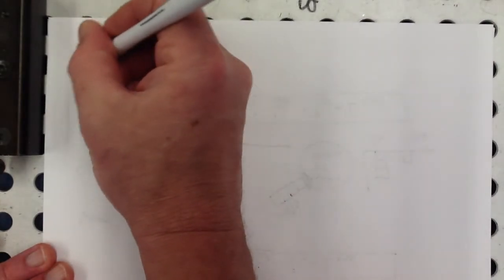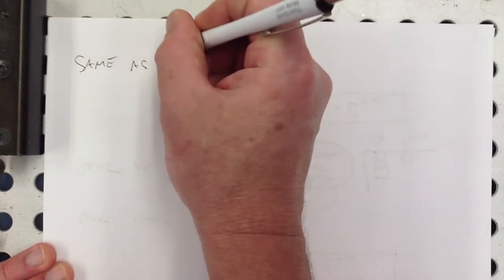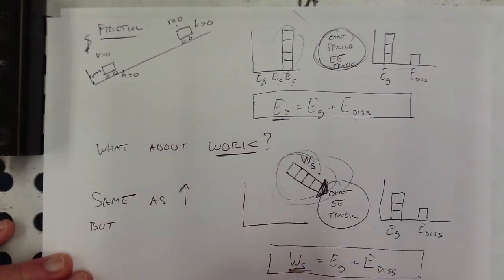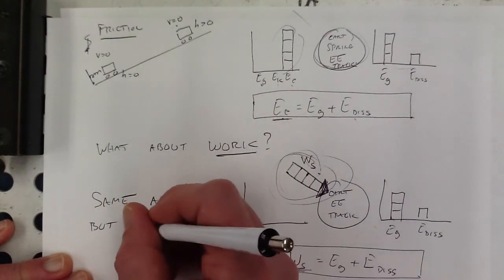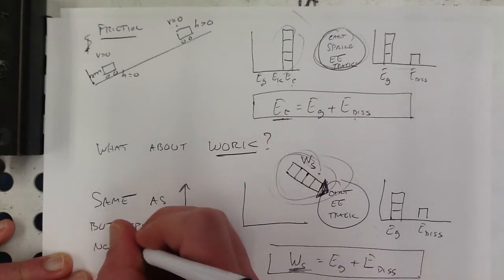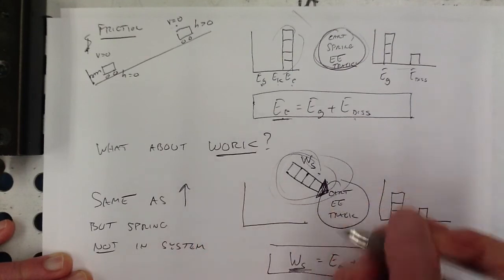And then last example, I'm going to do it same as before, same as that one, but the spring is not in the system, not in our circle.